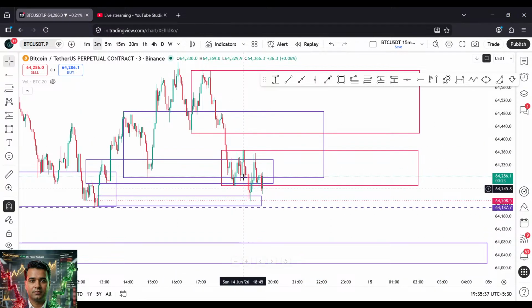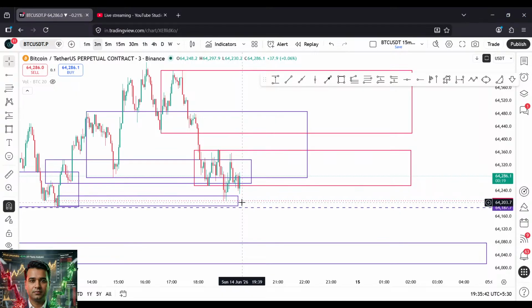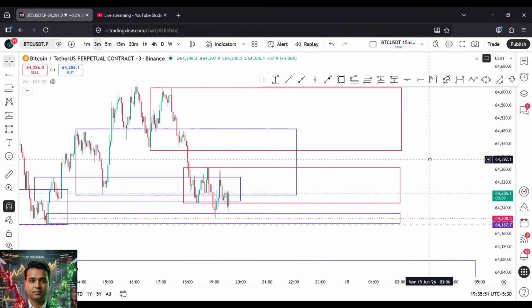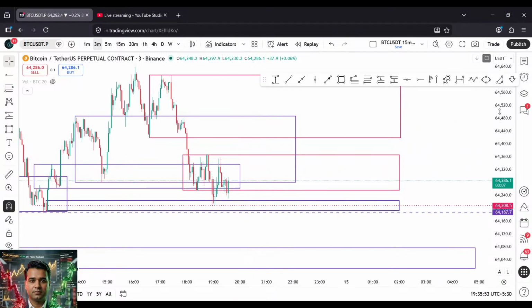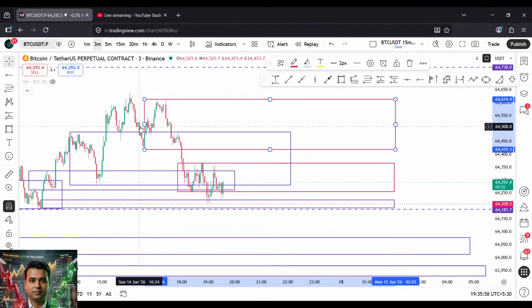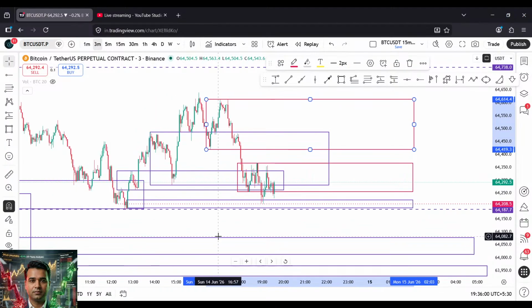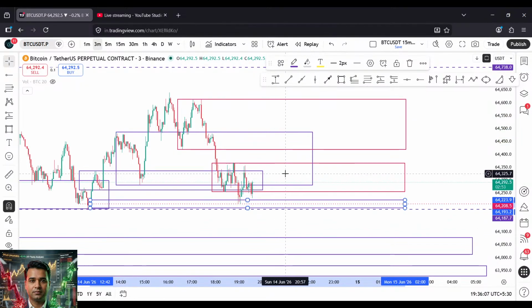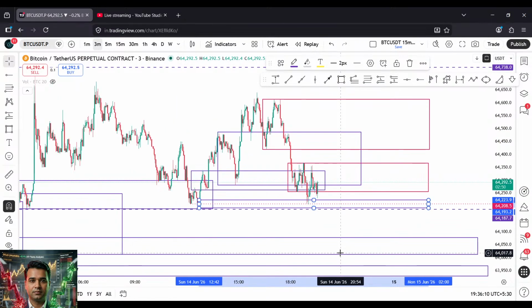And price has gone up, getting reaction from here, but it hasn't broken to this downside. So either price reaches this zone, or comes down, breaks this one, comes back to this zone, and then goes down to here.